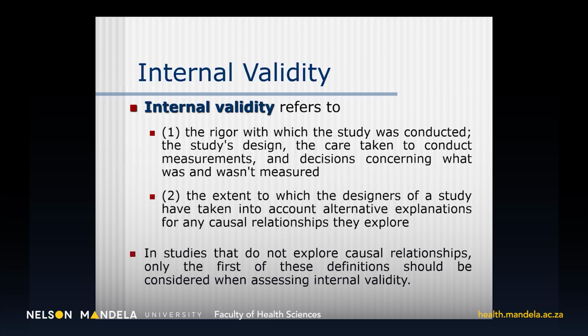Number two, the extent to which the designers of a study have taken into account alternative explanations for any causal relationships they explore. Therefore, in studies that do not explore cause and effect, what we call causal relationship, only the first of these definitions should be considered when assessing internal validity.